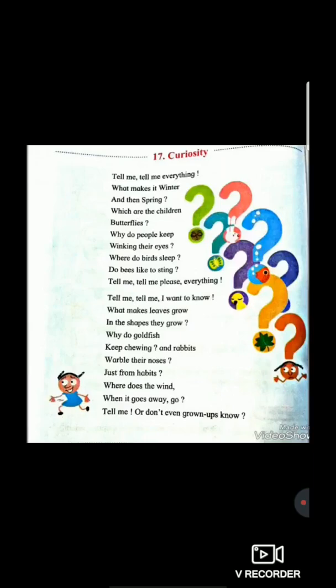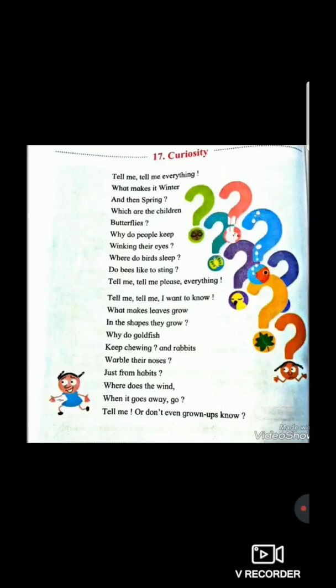What makes leaves grow in the shape they grow? Why do goldfish keep chewing and rabbits wobble their noses? Just from habits. Where does the wind, when it goes away, go? Tell me, or don't even grown-ups know?